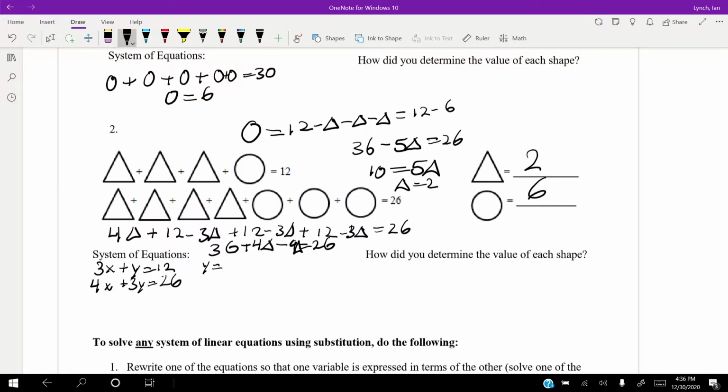So we said y was equal to negative 3x plus 12. Then we took this negative 3x plus 12, plugged it in right here for y, and we got 4x minus 9x plus 36 equals 26. And we solved that. So really, the shapes are just kind of a thing to get you guys going. It's really not something that we're going to keep using, but it's something that we're using to show you guys what's happening.